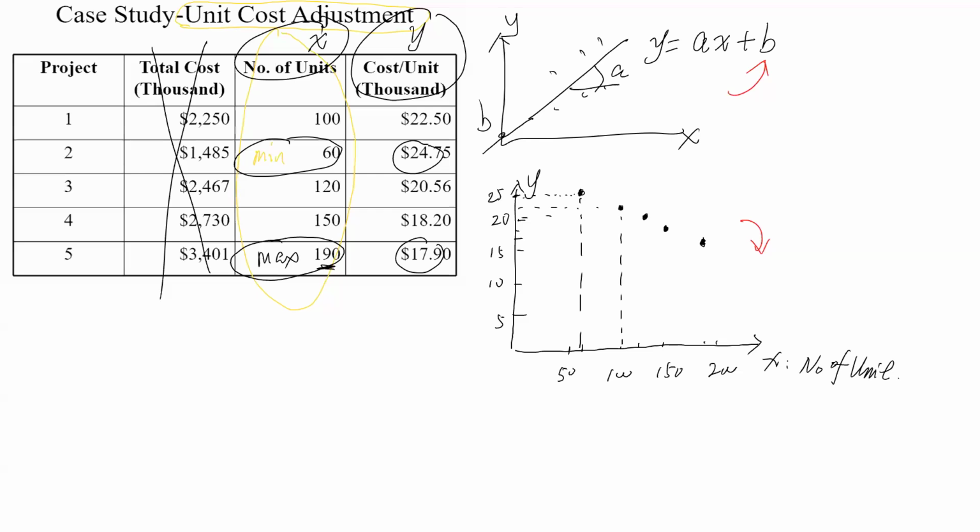Does that make sense? So now we can draw a straight line to go through all the points as much as possible. Because if you do a straight line, you may not be able to pass through those points because they do not really fall onto the equation. Some of them may have some differences, right? Okay, give me a second.